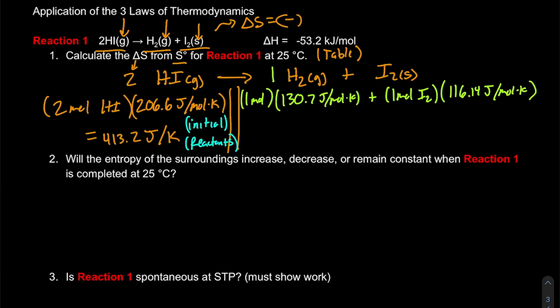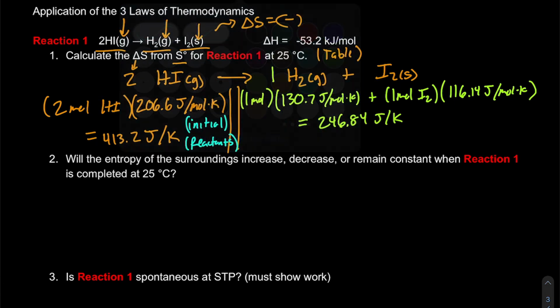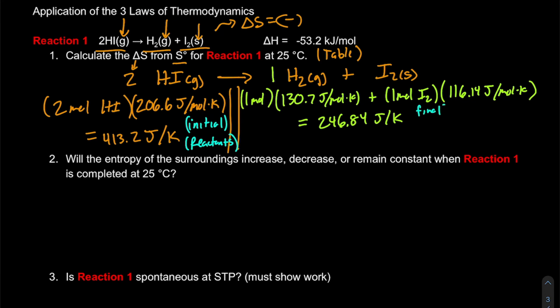We add those together and find that we have 246.84 joules per Kelvin. And again, what is that? That is what we end up with at the end, for our products.